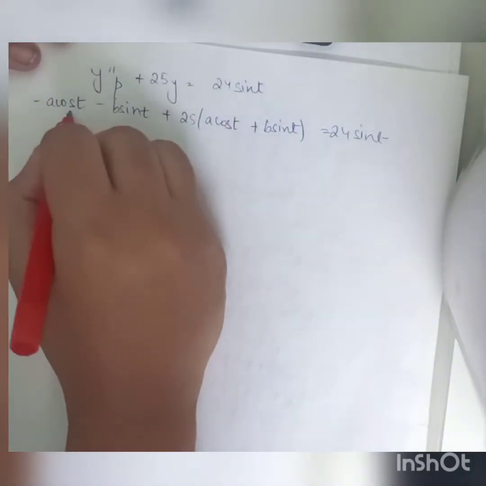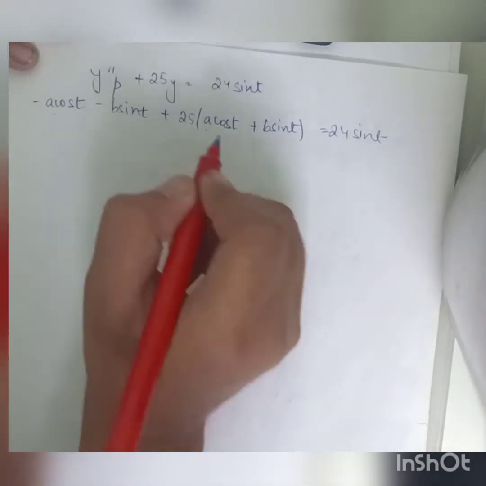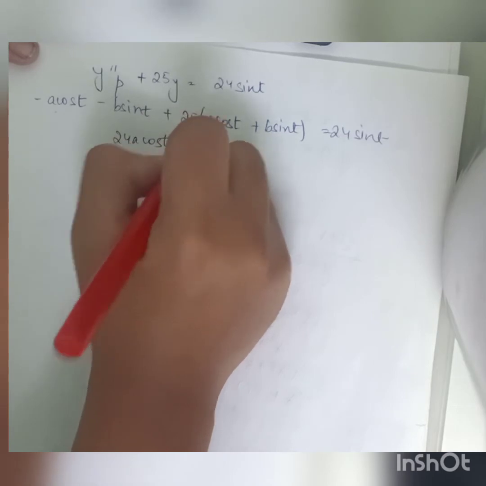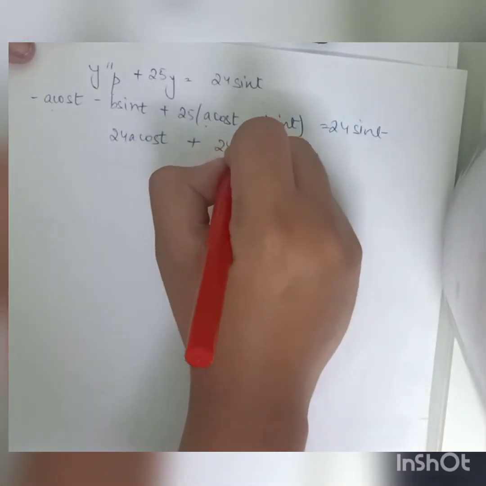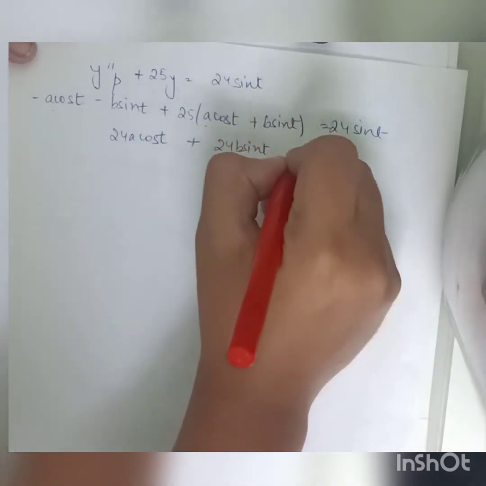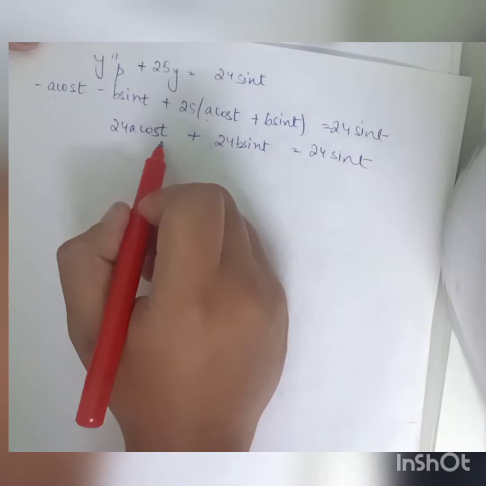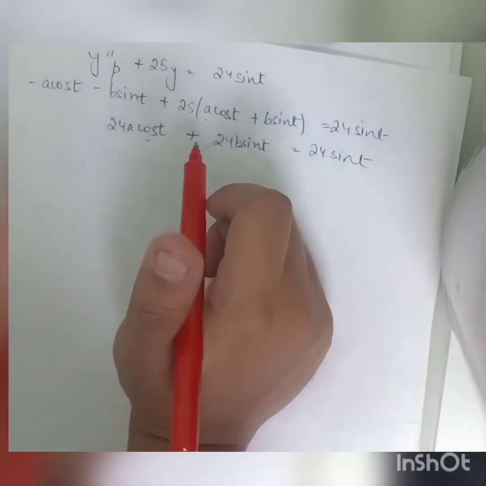So if we solve it, we get minus a cos t plus 25 a cos t, that is 24a cos t, plus again 24b sin t is equal to 24 sin t.